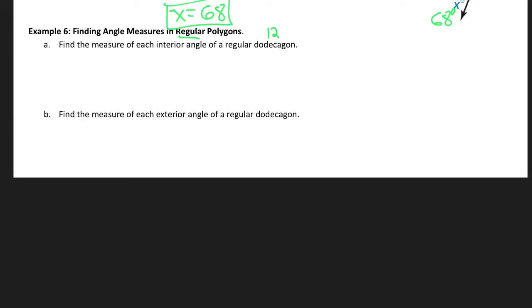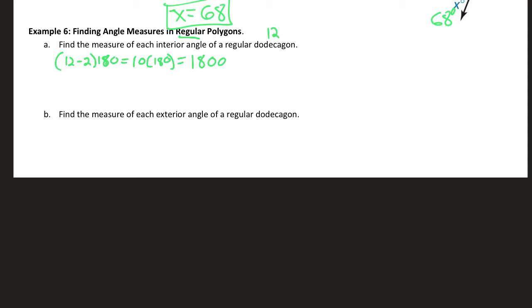So the interior angle sum of a dodecagon is 12 minus 2 times 180, or sorry, not 12 times 10, my bad, 12 minus 2 is 10, times 180. Okay, sorry about that. That would be 1800. Okay, so the sum is 1800.